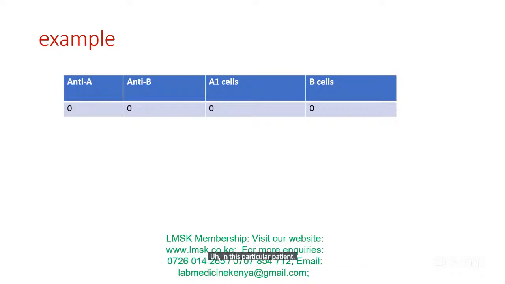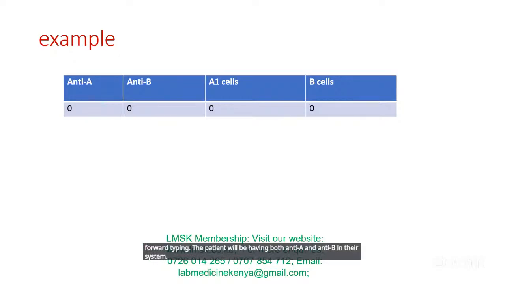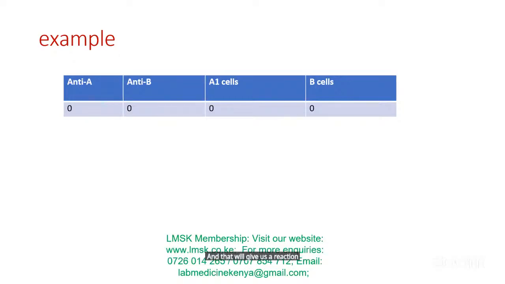We expect a reaction with both A1 cells and B cells, because if this patient is O according to the forward typing, the patient will be having both anti-A and anti-B in their system, and that will give us a reaction. So what happens to the missing reaction?